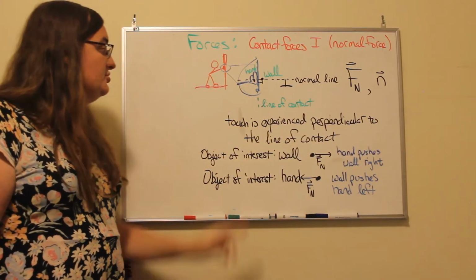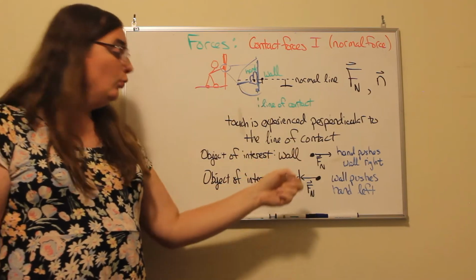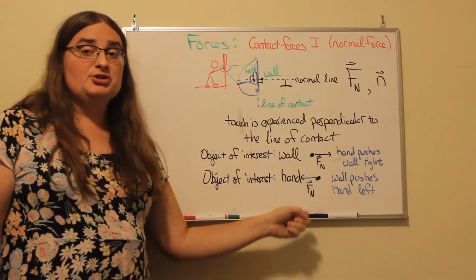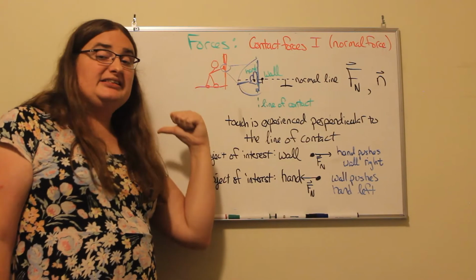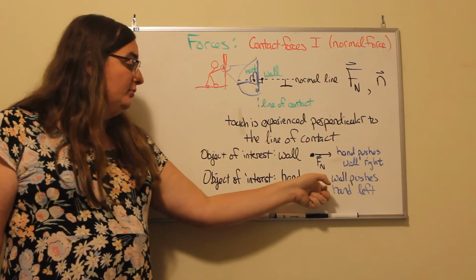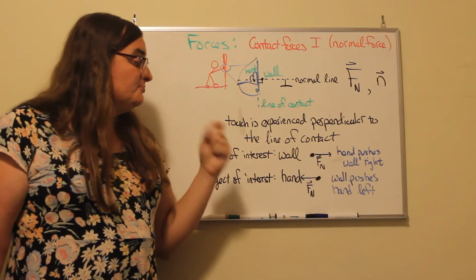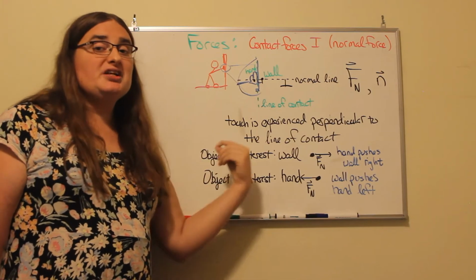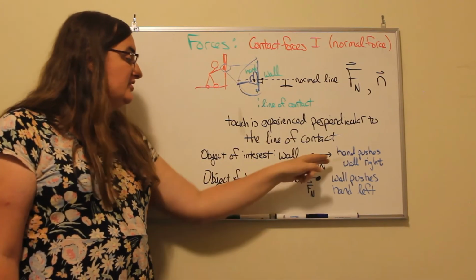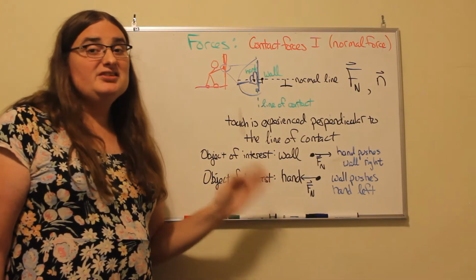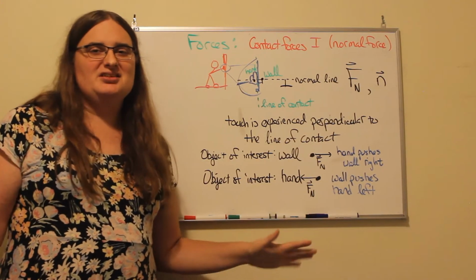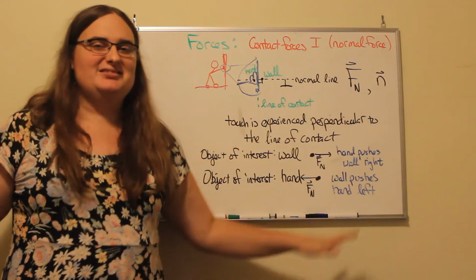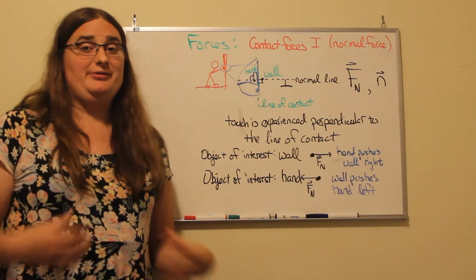If my object of interest, though, was the hand and not the wall, then I would draw my force picture for the hand the exact opposite direction. My normal force is because the wall is pushing the hand to the left. Now, these aren't two forces. This isn't an action-reaction, because those really aren't a thing. It's an interaction.